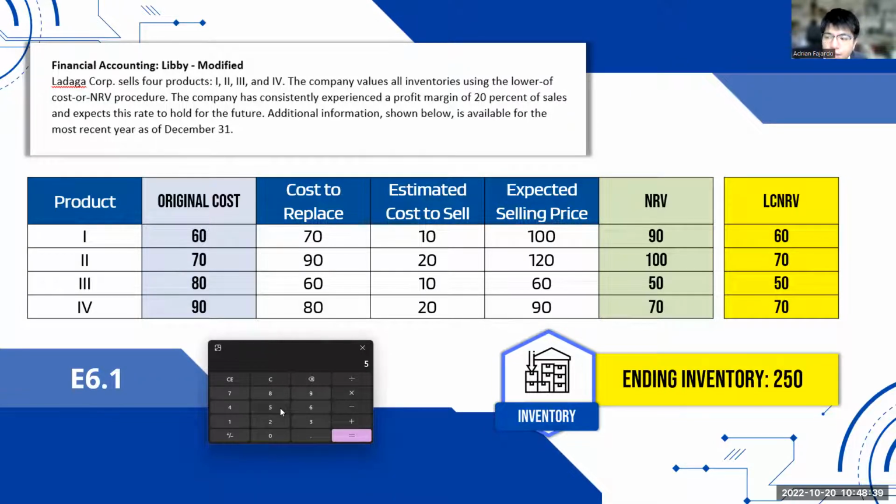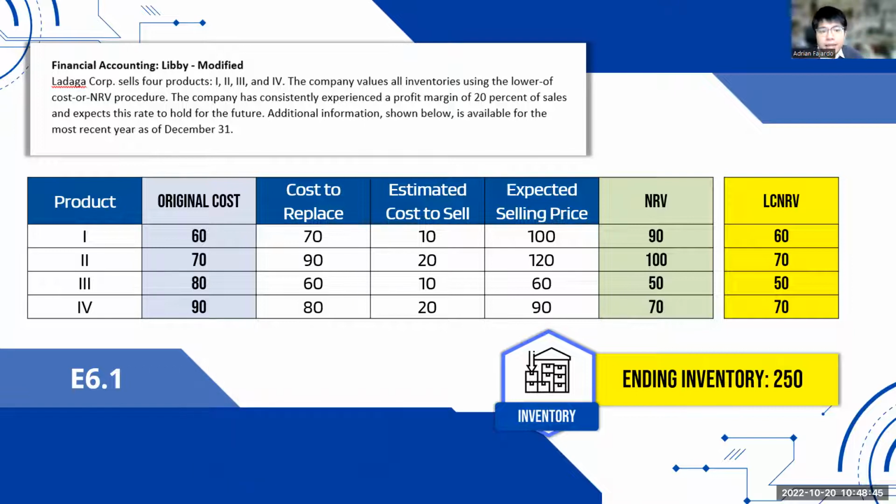So plus 50, plus 70, you'll get an ending inventory of 250. So again, this shows you that your ending inventory is subsequently valued at your LCNRV, or lower of cost and net realizable value. Right? So we're done with 6.1.